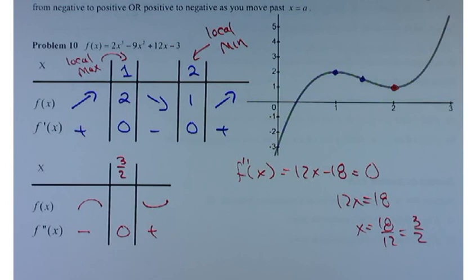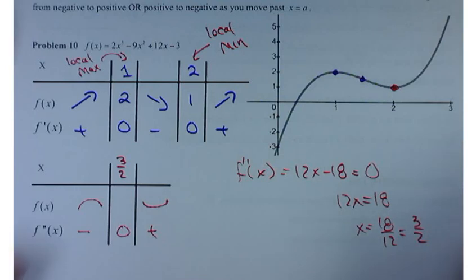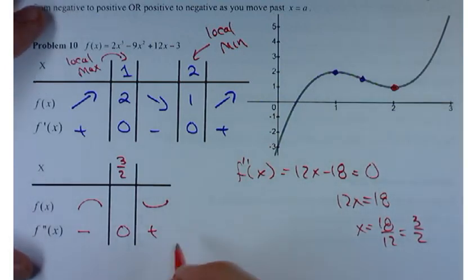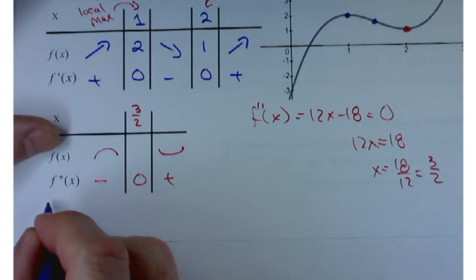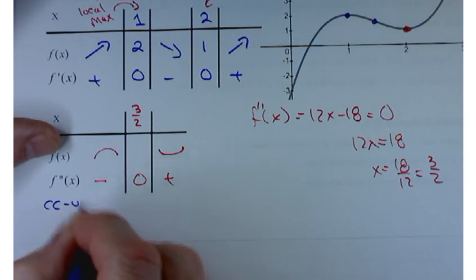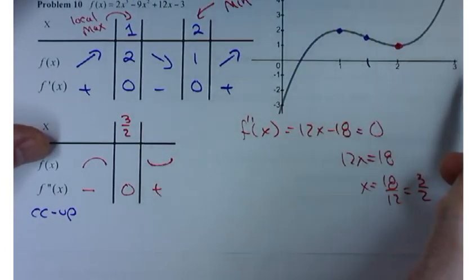So if I ask you for where the function's increasing and decreasing, concave up and concave down, your answer is going to be intervals along the x-axis. So let's do concave first. So concave up will be to the right of 3 halves.